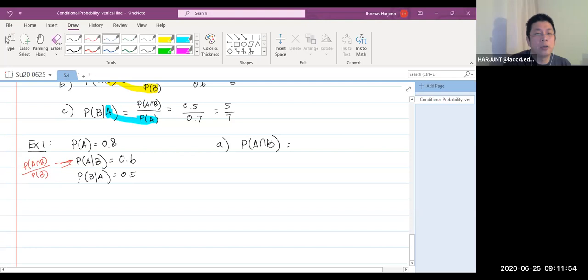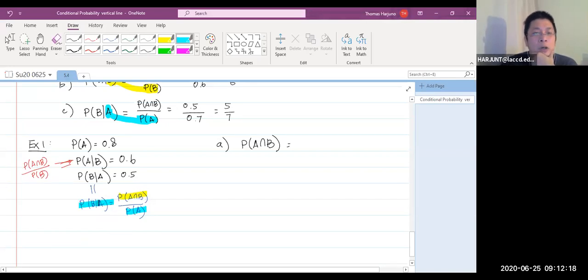On the other hand, this formula here, probability of B given A, is equal to probability of B intersection A over probability of A. Now, probability of A is known, right? This is the one in question, and this is the one known, right?